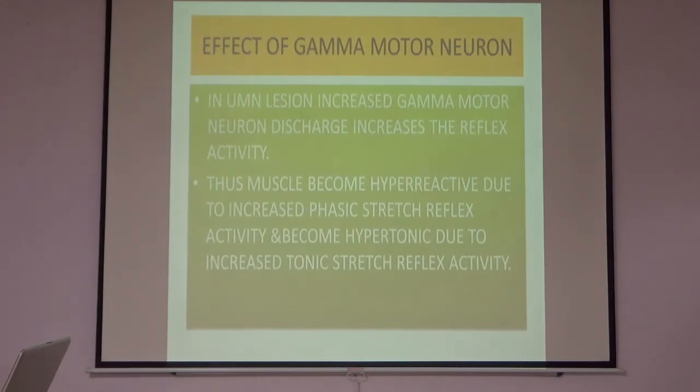And a muscle can either be hypertonic or hypotonic. A hypertonic muscle is also called a spastic muscle, because resistance to stretch is very high, and hypotonic is where there is decreased muscle tone. Here the discharge of the gamma motor neuron is decreased.